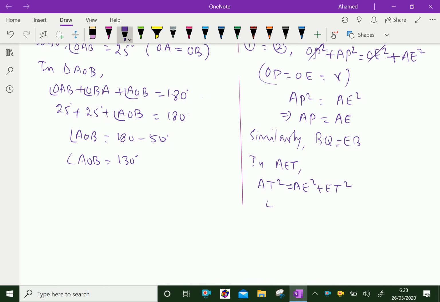Therefore, ET square equals AT square minus AE square.